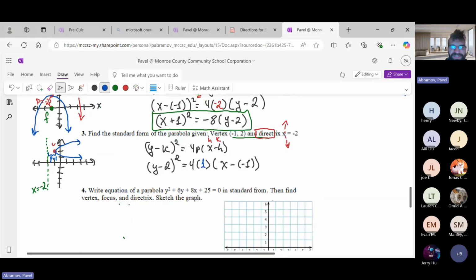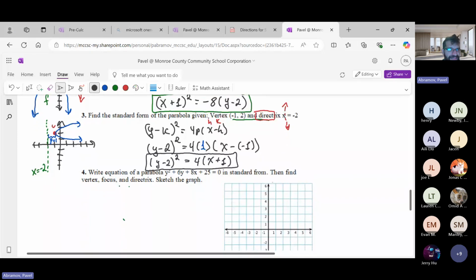So we're going to put positive 1 as our P. And then finally, we simplify everything. Y minus 2 squared equals 4 times x plus 1. Okay, so that is our equation by being given the vertex and the directrix.